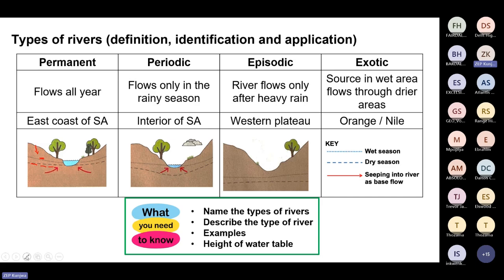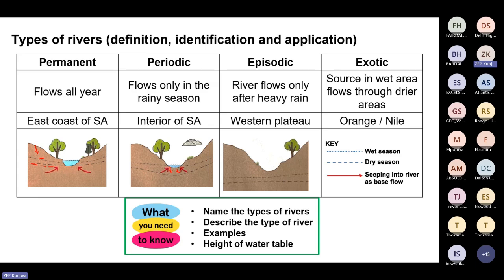The river is going to lose water. Instead of gaining water, it's going to lose water because infiltration will continue to happen there. The river is going to lose water to the groundwater. So if it's not raining, this river is going to be empty. But if it's raining, the water table is going to go up here.